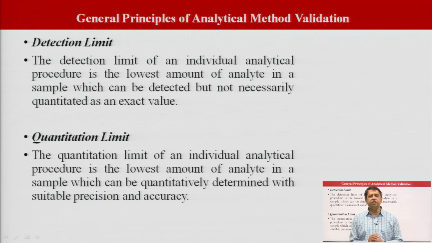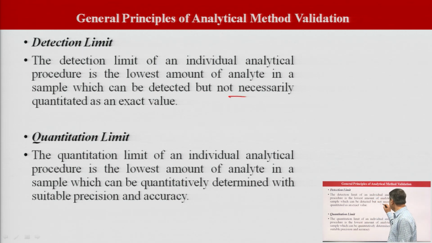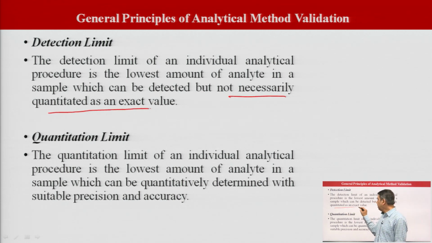You can easily understand all analytical procedures have some particular limit of detecting an analyte, but here you can see that the detection limit is that concentration of the analyte which can be detected, but is not necessarily quantitated as an exact value. So, this is the definition of the detection limit.